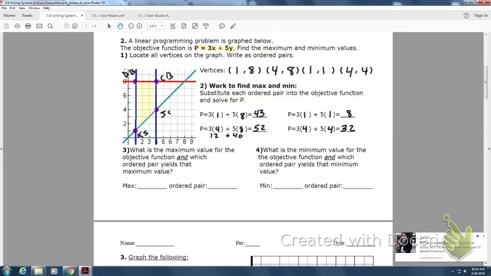Alright, so Sam, looking at those 4 numbers, which one is the largest number? 52. So there is the max. So whenever it asks for the maximum, the max is 52, and we got it from the point 4, 8.